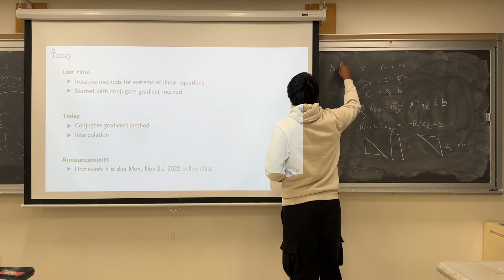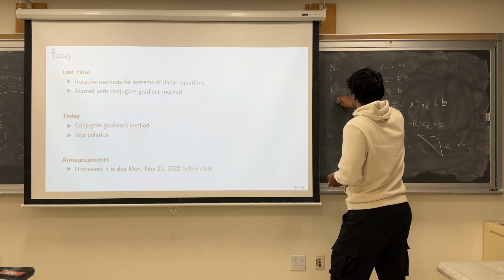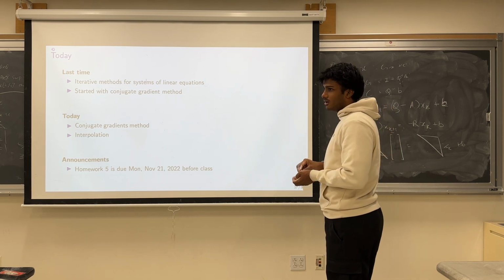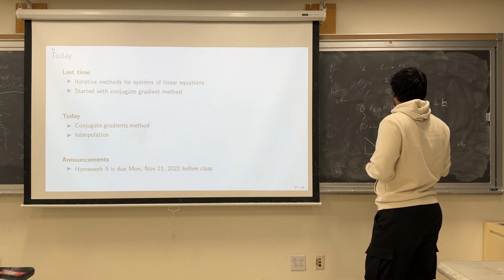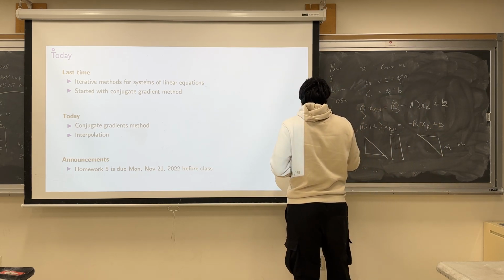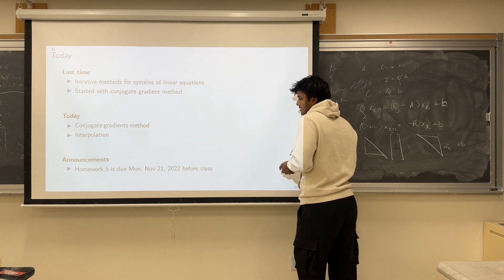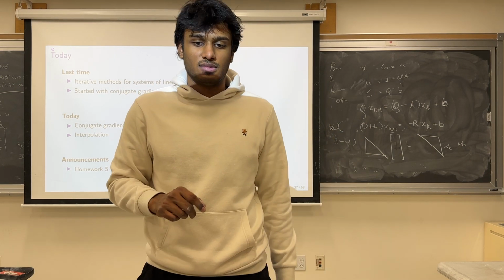Richardson method, Jacobi method, Gauss-Seidel, and over relaxation or damping, whatever, which is like taking omega times the new plus 1 minus omega times the old. Okay, fair enough. I'm done with this.